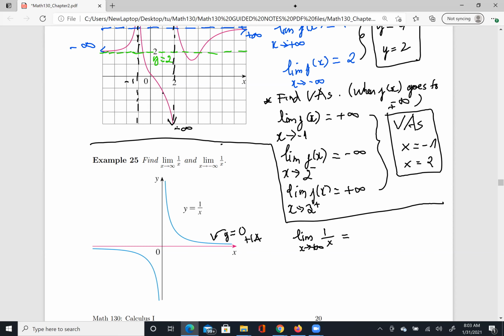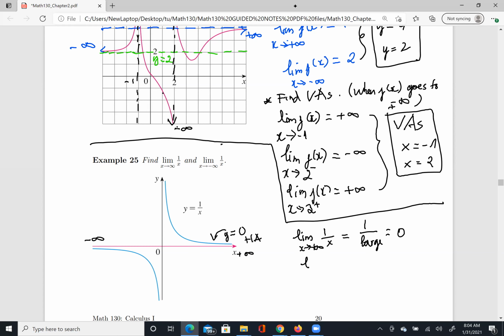I can rewrite it as 1 over a large number. You can try with 1 over 99999 or something. You can see it's equal to 0, right? What else? The limit of 1 over x when x goes to the negative infinity over here will also be equal to 0.